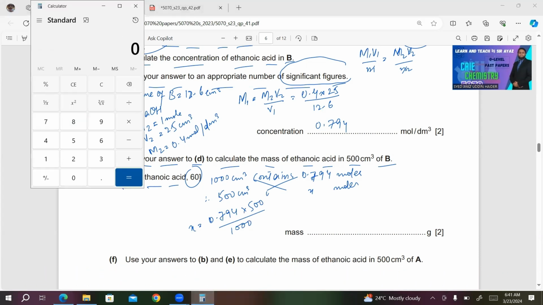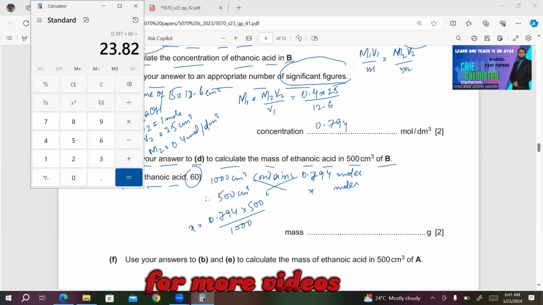So what will we get? 0.794 multiplied by 500 and divided by 1000. We will get 0.397. So 0.397 will be multiplied by 60. The mass will be 23.82.